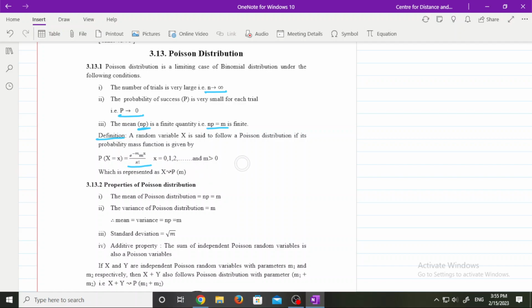This Poisson distribution is denoted by X follows P of parameter m.